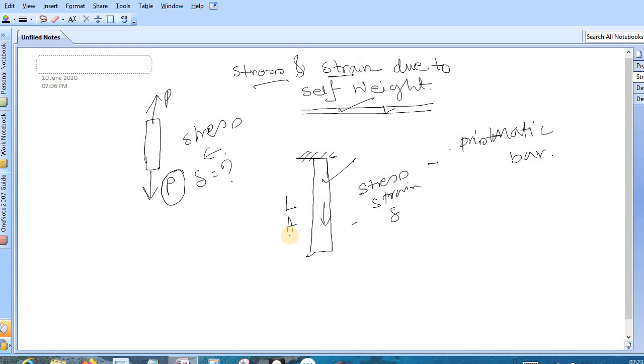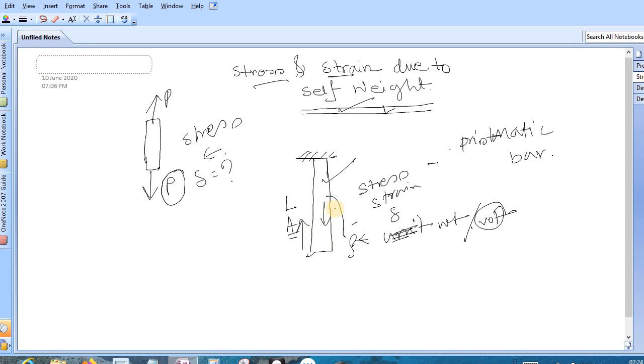So the area is constant throughout this length, and the density or unit weight per unit volume is rho. This is actually wrong to say unit weight per unit volume twice, it should be weight per unit volume. So this is rho.